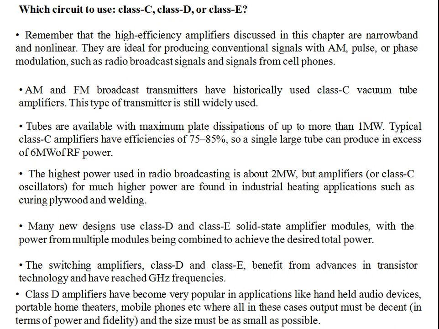Very quickly, where do we use these circuits? If you recall, all three, Class C, D, and E, unlike Class A or AB amplifiers, which provide lower efficiency but high fidelity, are all about high efficiency.